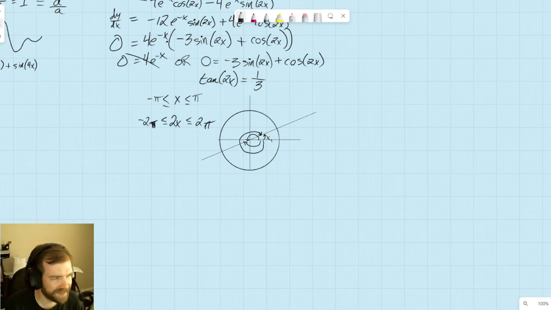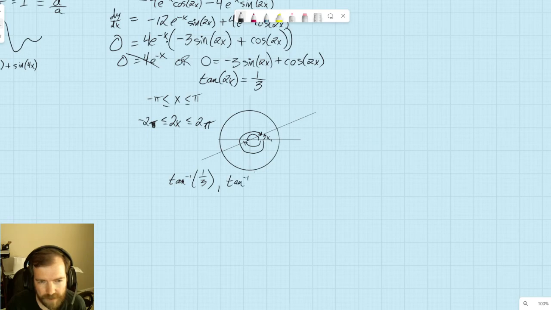Okay, so 4 solutions. Damn it. Which are going to be inverse tangent of 1/3, and that is going to be in the opposite direction, so that's going to be minus pi.